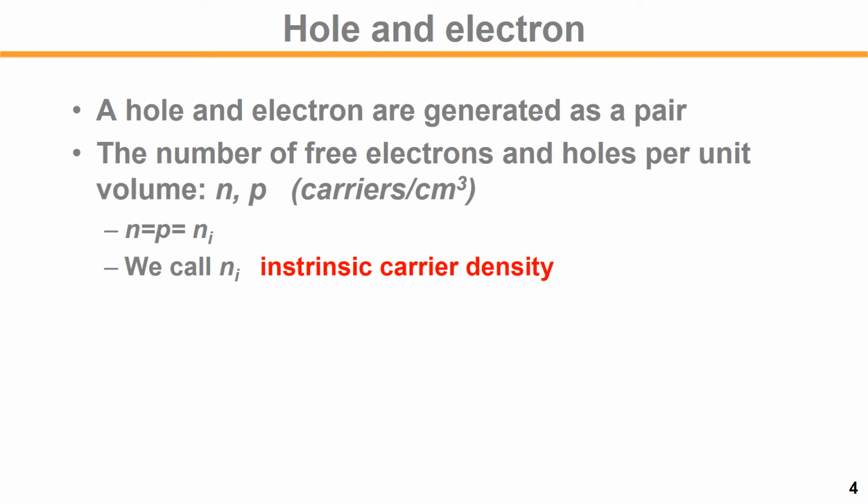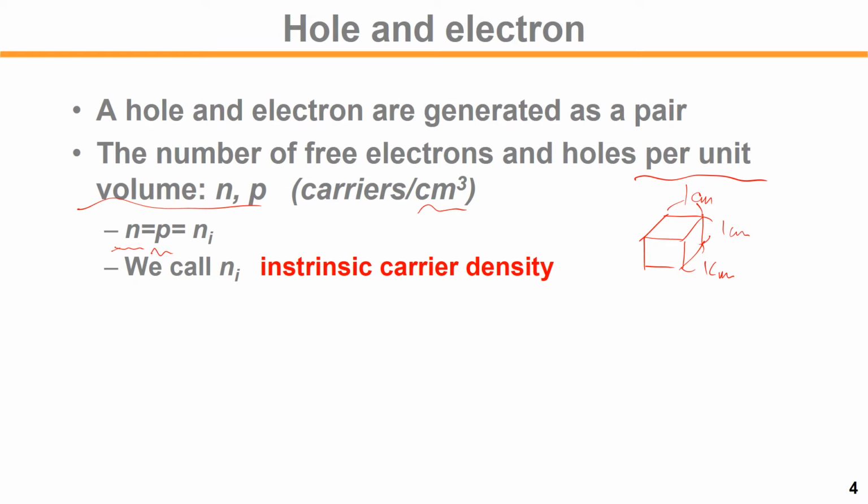Inside the silicon lattice, holes and electrons are generated as a pair. So the number of free electrons and holes per unit volume will be the same. Let's say we count the number of carriers per unit volume, in this case a centimeter cube, 1 centimeter by 1 centimeter by 1 centimeter. Let's say that is n for electrons and p for holes.